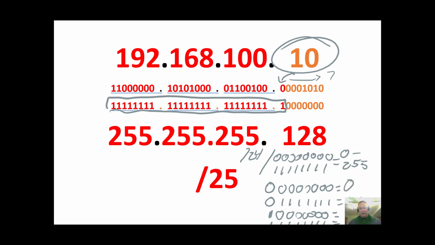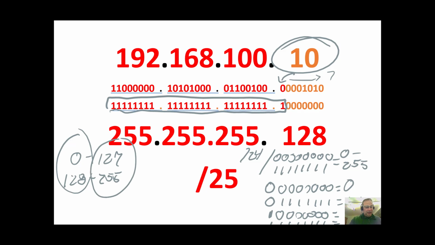So it essentially makes 2 networks, one that has a network ID of 0 and a broadcast ID of 127 in the fourth octet, and another that has a network ID of 128 through 255. So our network IDs would be 0 and 128, and the broadcast ID would be either 127 or 255, depending on if the number was between 0 and 127 or between 128 and 255.